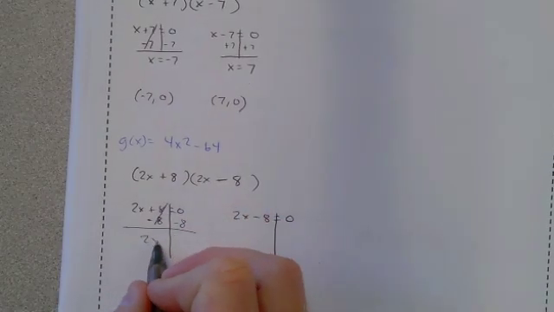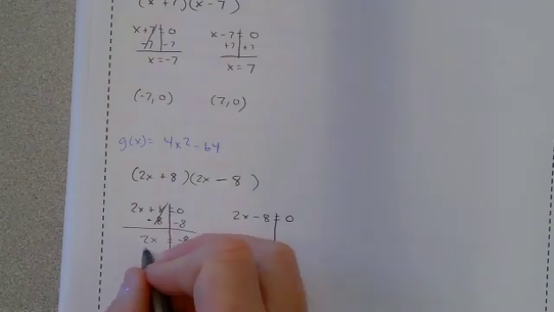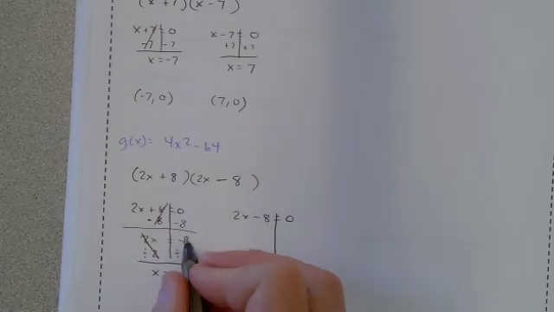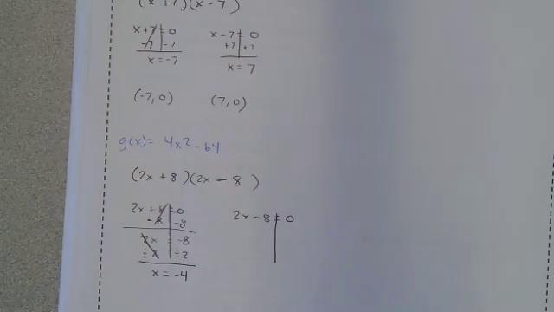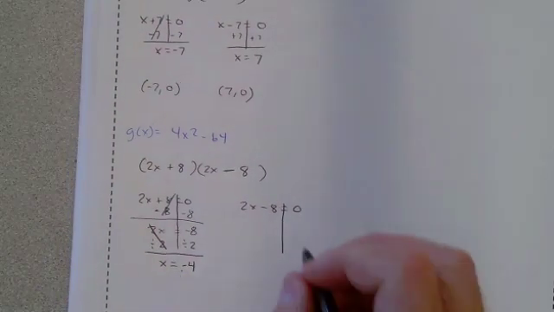And I end up with 2x equals 0 minus 8, which is negative 8. Then I divide both sides by 2 to cancel my 2 out. And I get x equals negative 8 divided by 2, which is negative 4. So my first 0, or x-intercept, is at x equals negative 4.